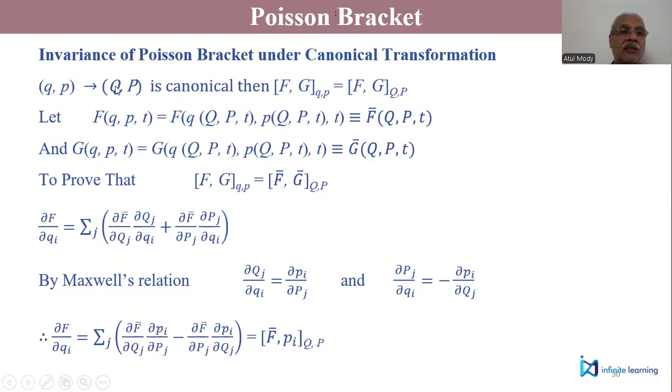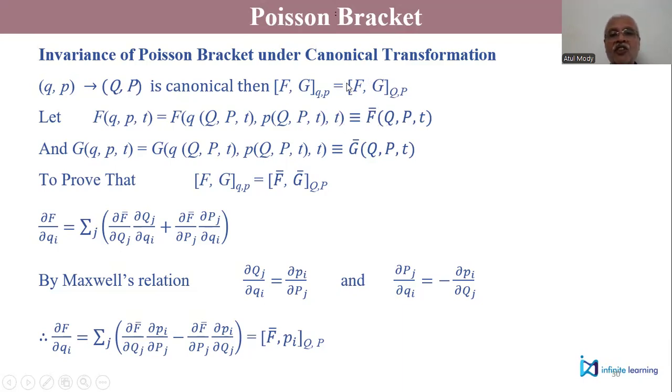So the rule is, if the transformation is canonical, the Poisson bracket with respect to small q and p will be the same as the Poisson bracket with respect to capital Q and capital P. Okay, now here we are going like a purist. If you transform your old coordinates and old momenta to new coordinates and new momenta, actually the functional form would change.